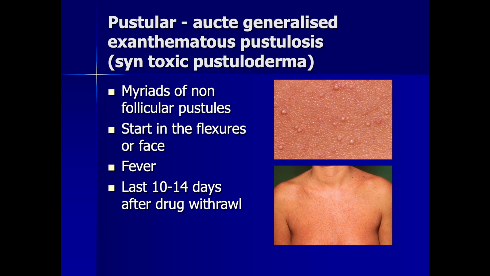It may be associated with fever, and it will last about 10 to 14 days after the culprit drug is withdrawn. So rapid onset, often between 1 or 2 days after initiation of the drug, myriads of pustules with other systemic symptoms as well.